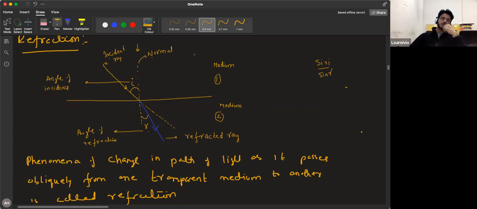Medium remains the same means, let's say this is water, and this is glass. You are not changing these media. So whatever the value of I is here, the value of R will adjust itself in a way that sine I by sine R will be equal to the refractive index of glass over the refractive index of water. So the ratio will remain constant.